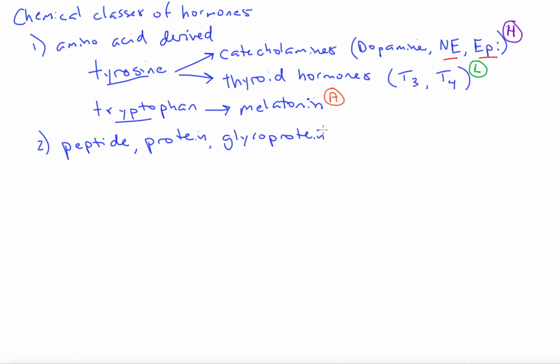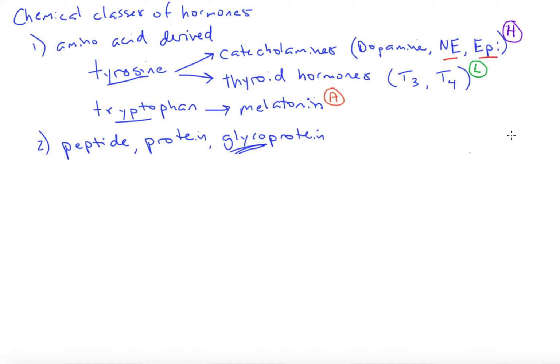Right? And so these are the only hormones that are coded for by DNA, because peptides, proteins, and glycoproteins are amino acid sequences. And just to remind you, glyco refers to carbohydrate. So in that case, it's a protein that has a carbohydrate group attached to it.